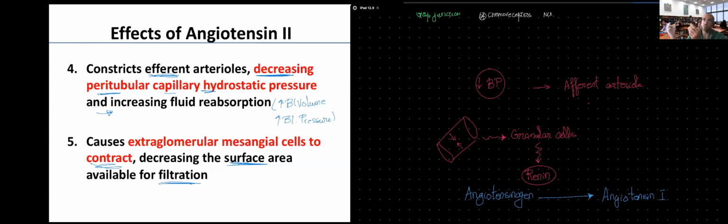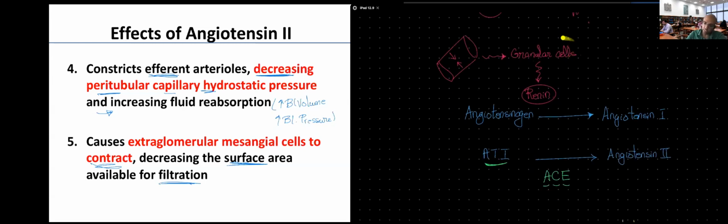All right, so what happens if I have a drop in my blood pressure? A drop in the blood pressure will be detected by the granular cells of the juxtaglomerular apparatus. The granular cells detect the drop in the blood pressure by detecting the reduction in the degree of stretch of the afferent arteriole.